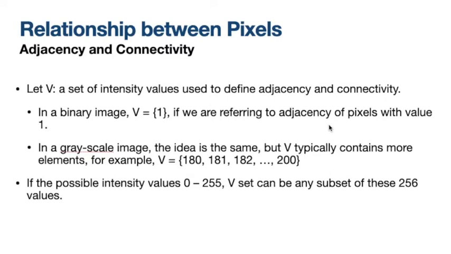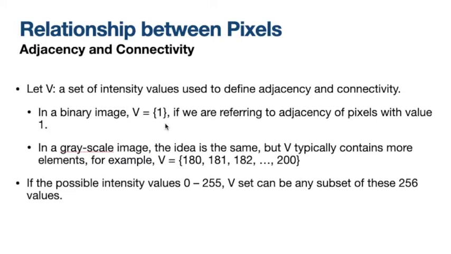Okay, so in the case of a binary image, if V is equal to a set with value 1, then we are referring to adjacency of pixels with value 1 only.